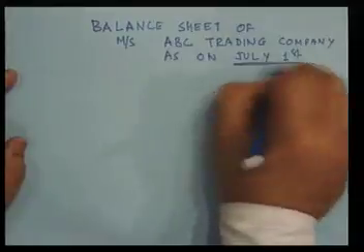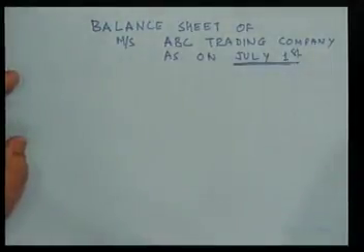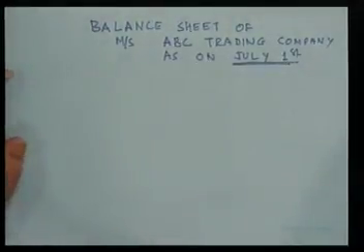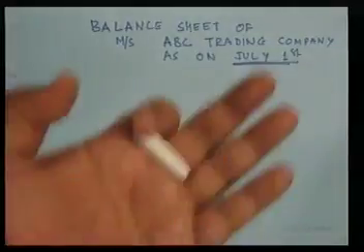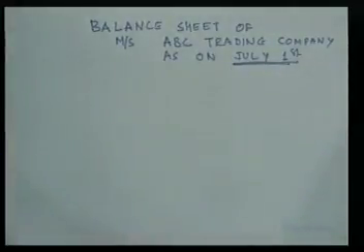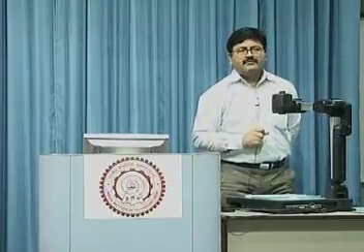Now, this is very, very important, because maybe next day the balance sheet would change. So, what I have done is, till July 1st, I have frozen the transactions and I have considered only those transactions which have been completed by July 1st.